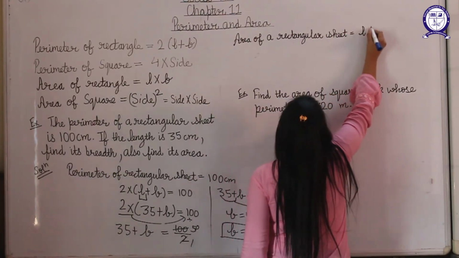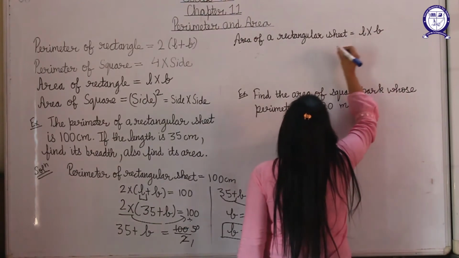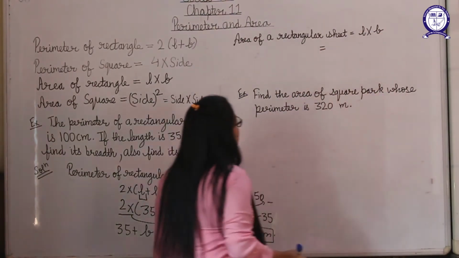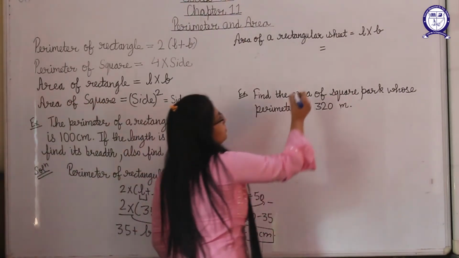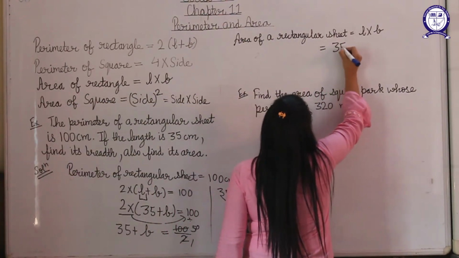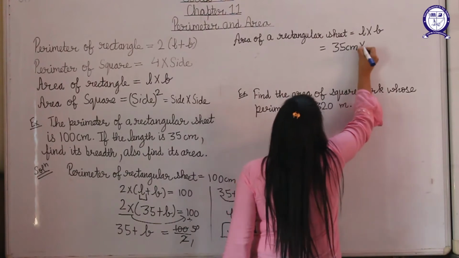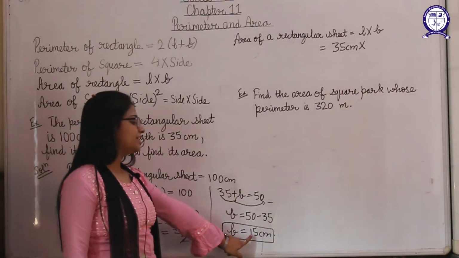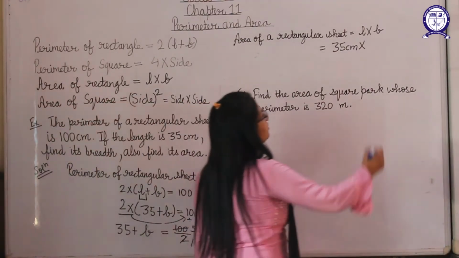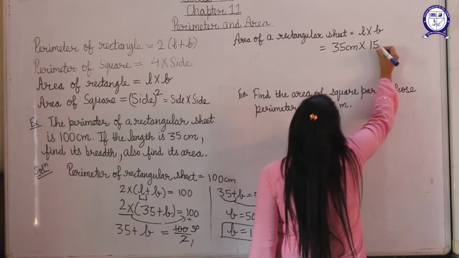Length multiply breadth. Now what is length? In the question length is given to be 35 centimeter. Multiply, what is breadth? We have found out the breadth just now and it is 15 centimeter.